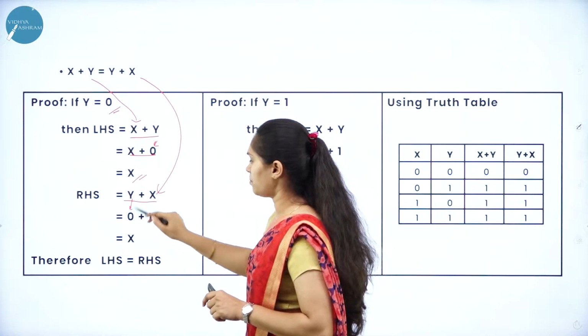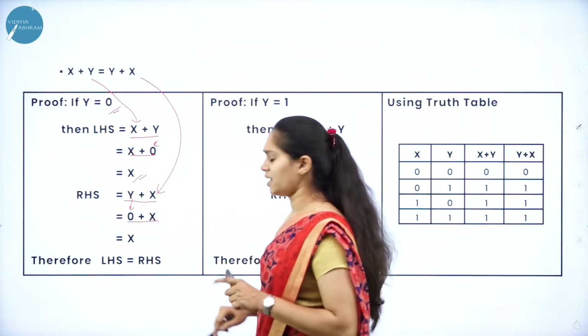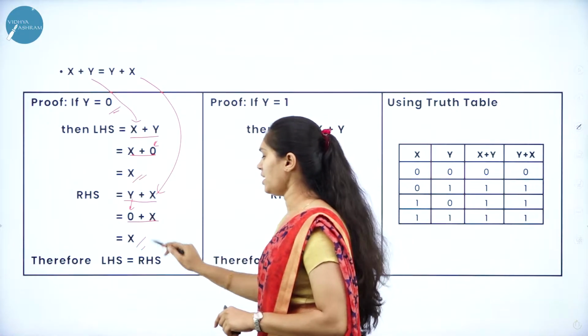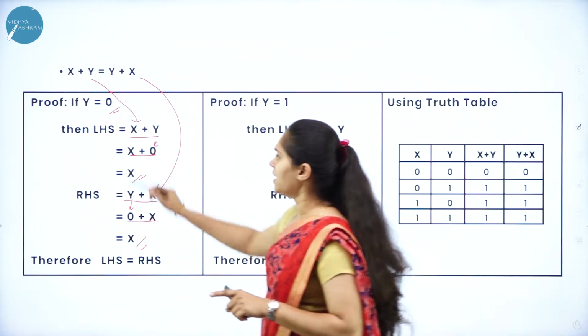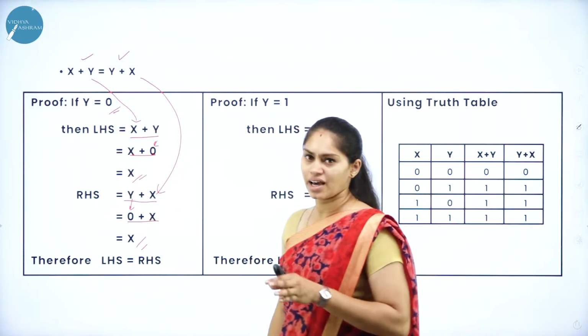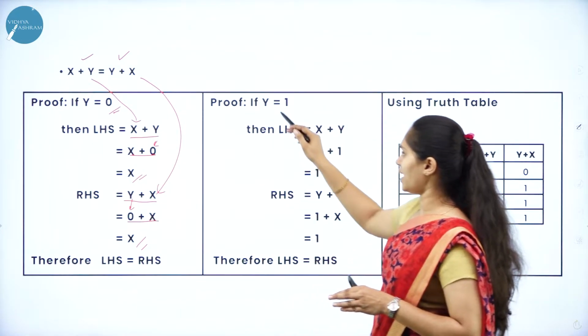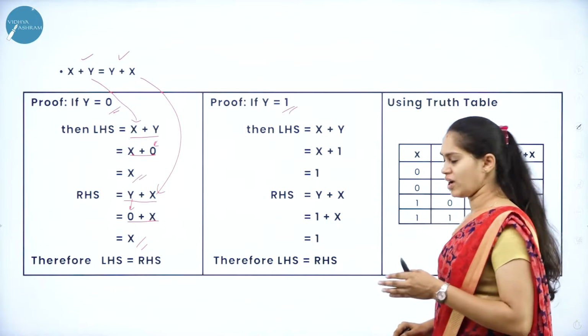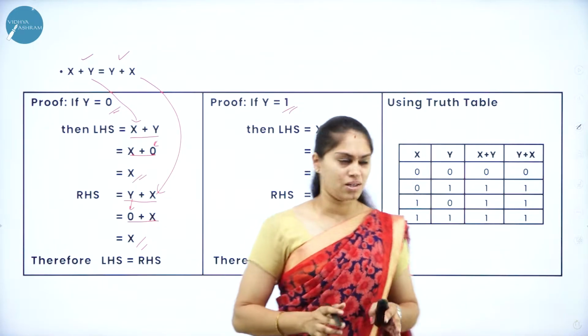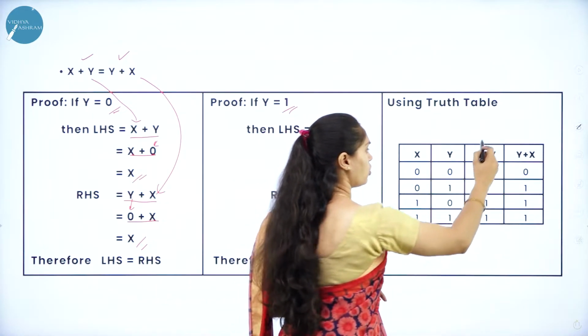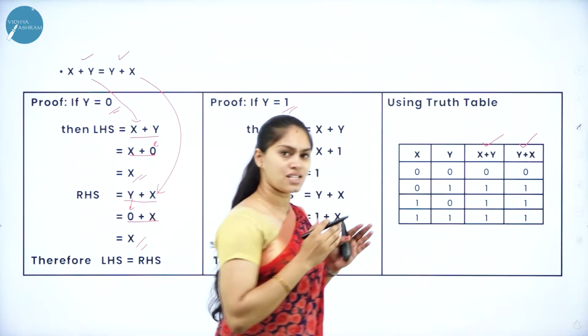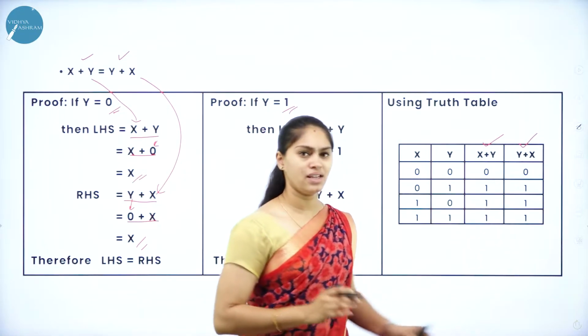In the place of y, replace 0, then plus x. If I add any number with 0, then it will be that variable. So we have proved that LHS is equal to RHS. The same thing will be applied when y is equal to 1. So here we have a truth table. You can see that both x plus y and y plus x have the same value. The resultant will be the same here.